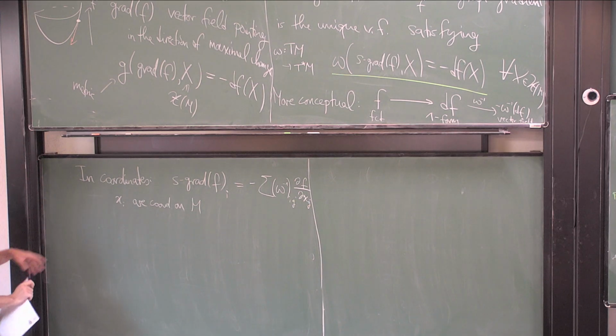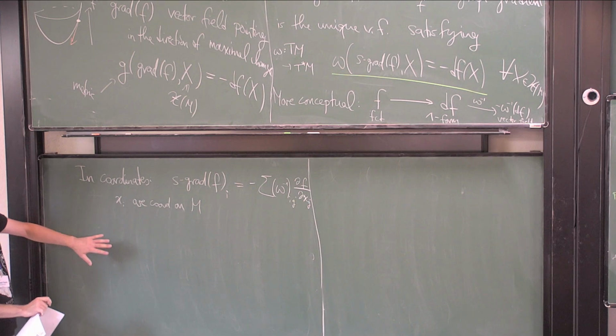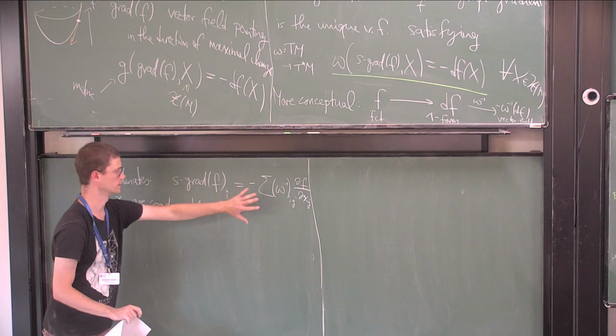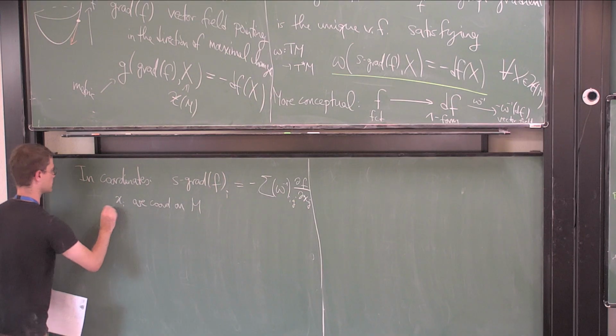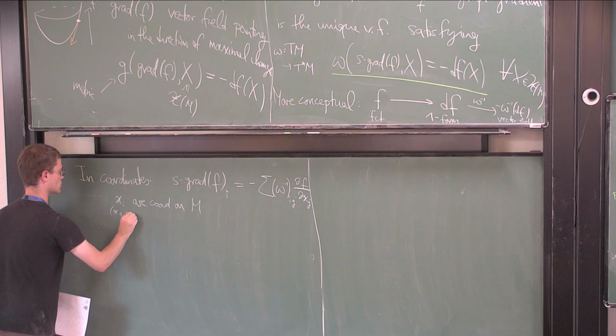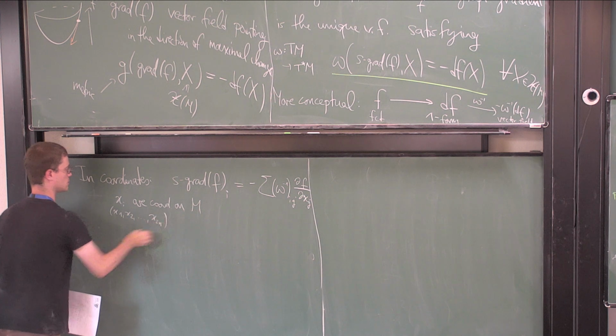Usually I would always say there are x and p coordinates, and then the formula just becomes more complicated. But let's say x1, x2, up to x2n.